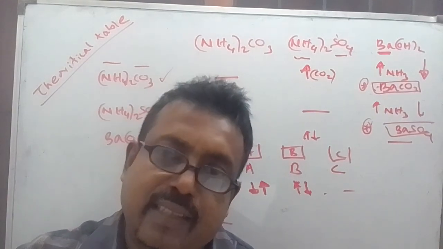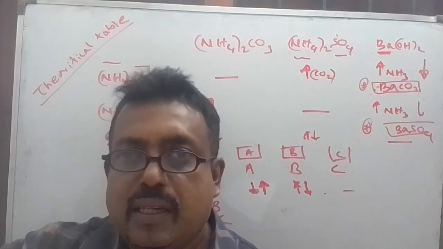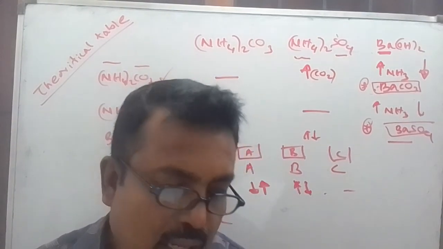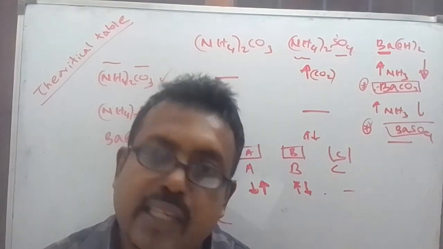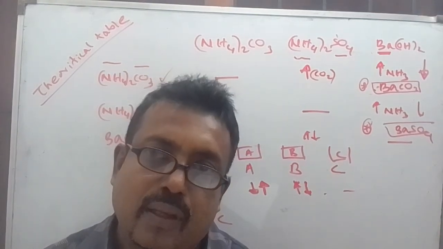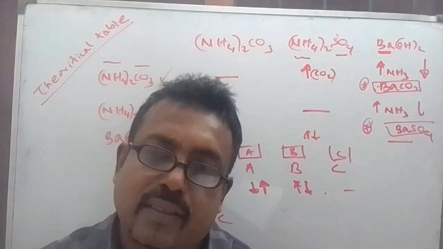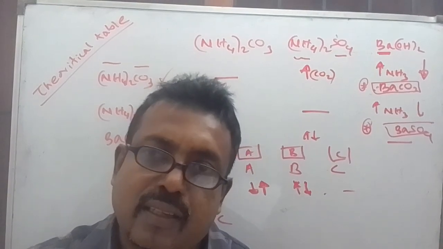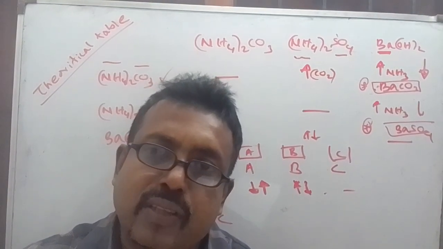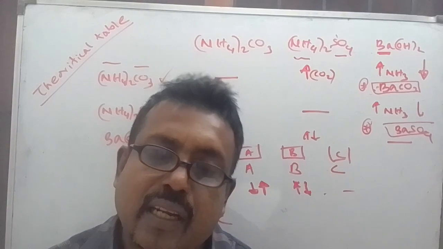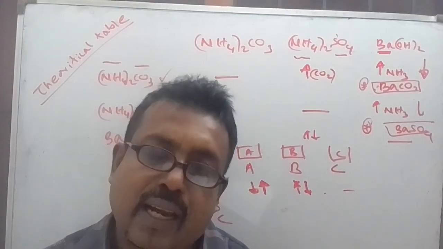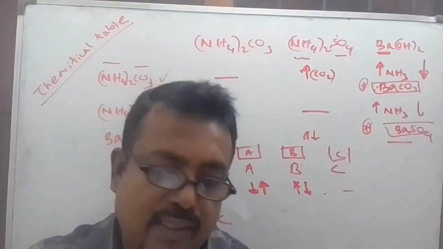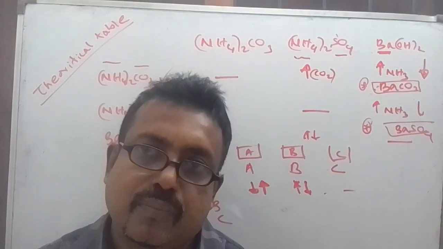Then put nitric acid into the precipitates that form upon the addition of the other two solutions. One precipitate dissolves and one precipitate remains. The precipitate that dissolves is from the addition of ammonium carbonate to the barium hydroxide. The other one is ammonium sulfate. So this is the answer that you can write here.